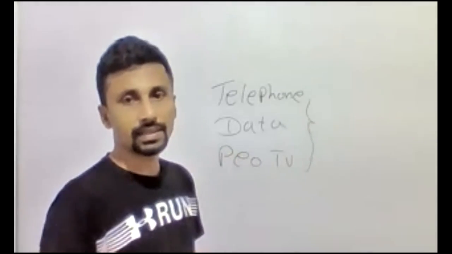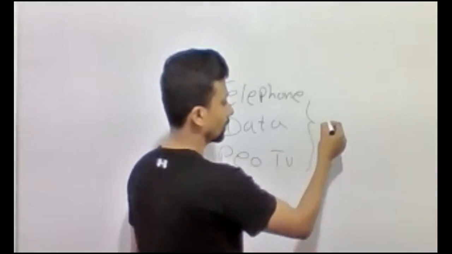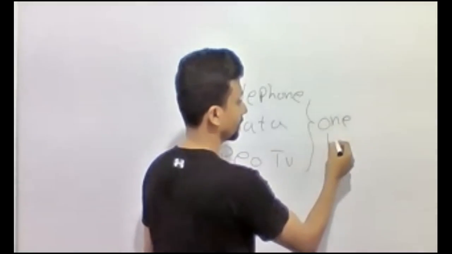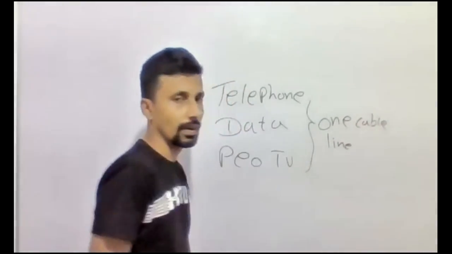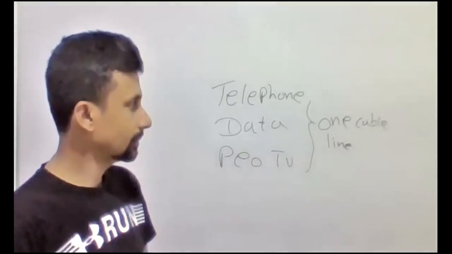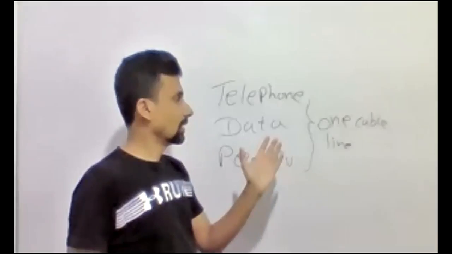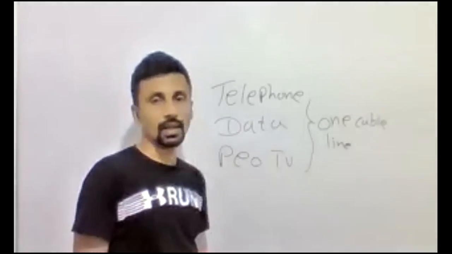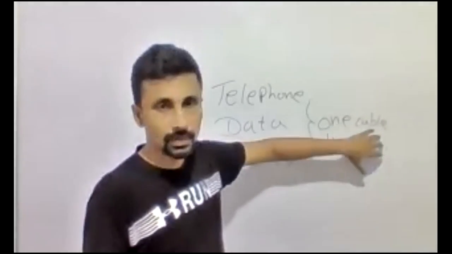These three different things are coming through one cable line. Right? We don't have separate cables for the telephone, data, and POTV. We are getting one cable.